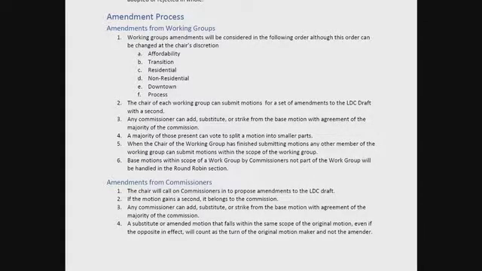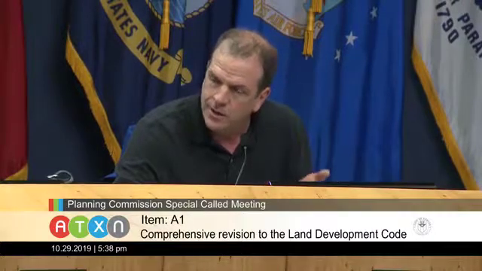Yeah, I guess, so if someone says as a base motion, and they're residential, there's an amendment to change the impervious cover from 45 to 55, any other commissioner can say, no, I want to strike that from 55 and make it 50. And then as long as the commission as a whole votes on that, that becomes the body of the motion.